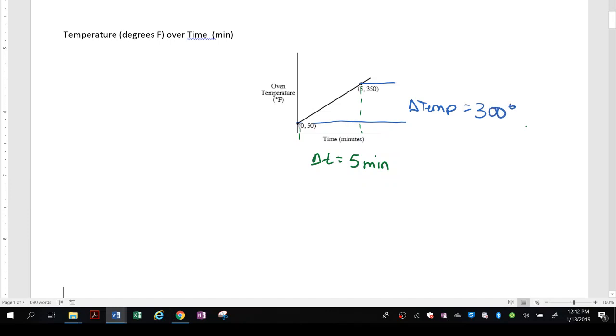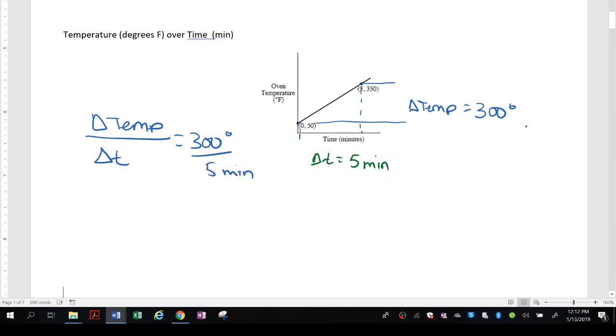So our rate of change then is our change in temperature over our change in time, and that's 300 degrees for every 5 minutes.